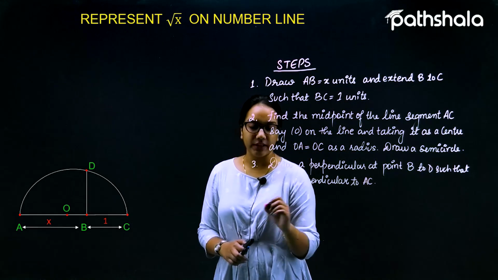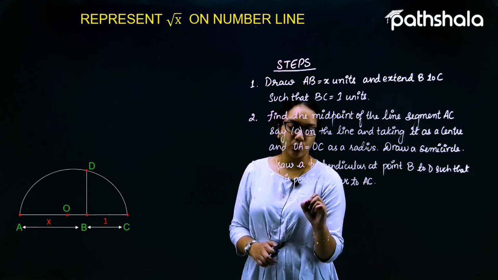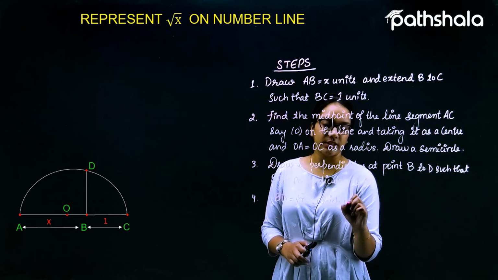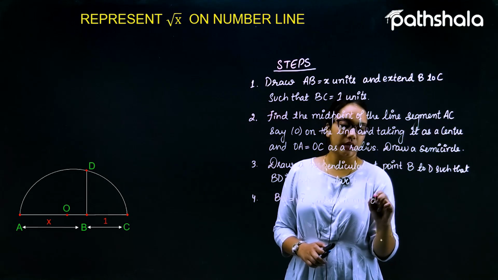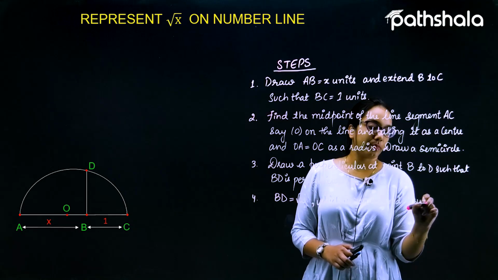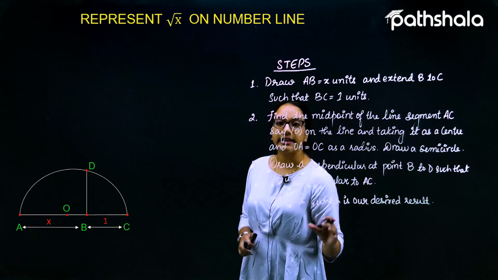The fourth point is BD is equal to root x, which is our desired result. So BD over here will be of root x units, which is our desired result.